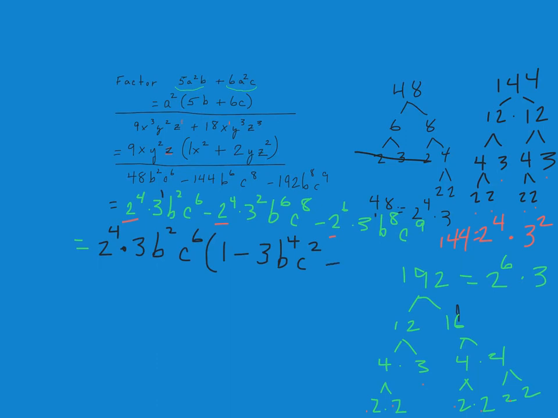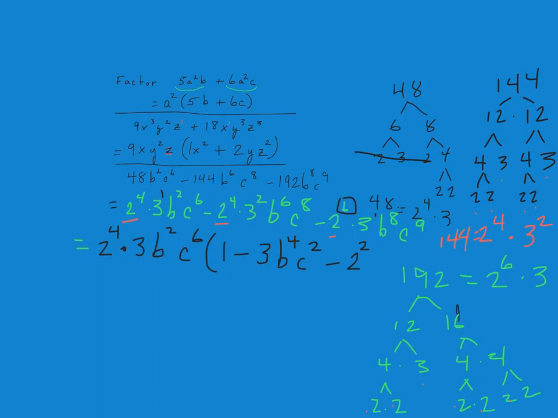And then minus the third term, what's left? Well, there are 2 factors of 2, because we had 6, we've taken 4 out. The 3 is completely pulled out.